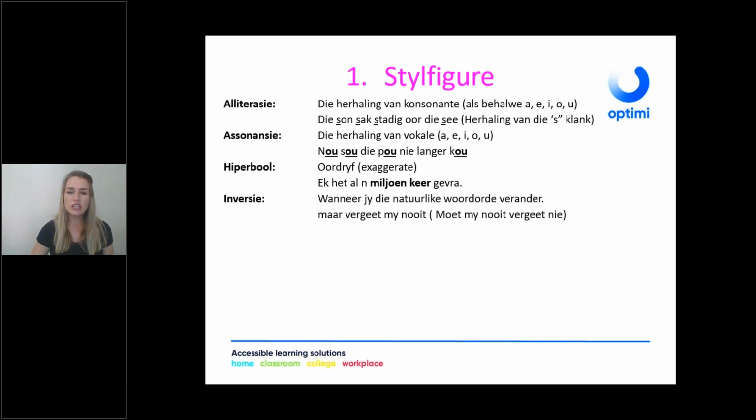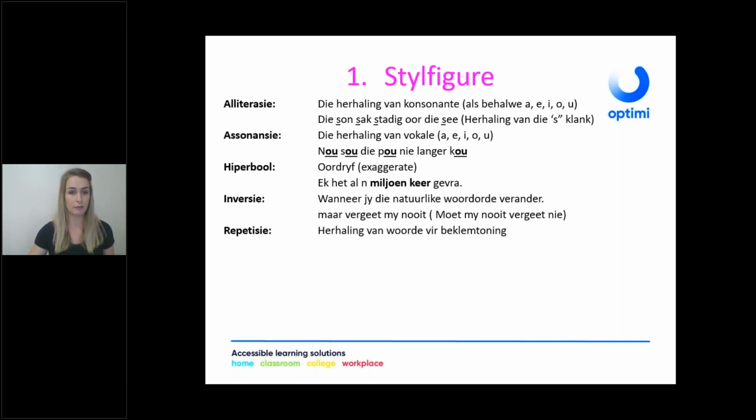They also do this to emphasize a certain word. An example of this is: maar vergeet my nooit. The natural word order for the sentence would be: moet my nooit vergeet nie. But they have changed it now, probably to fit into the rhyme or the rhythm of the poem.